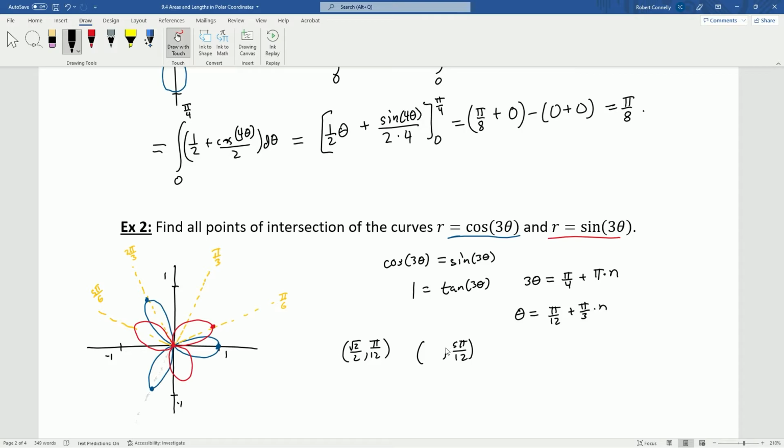And then for our radius, what do we get? Well, at 5 pi over 12 multiplied by 3, that's 5 pi over 4, which is negative root 2 over 2. And we add another pi over 3. What do we get here?